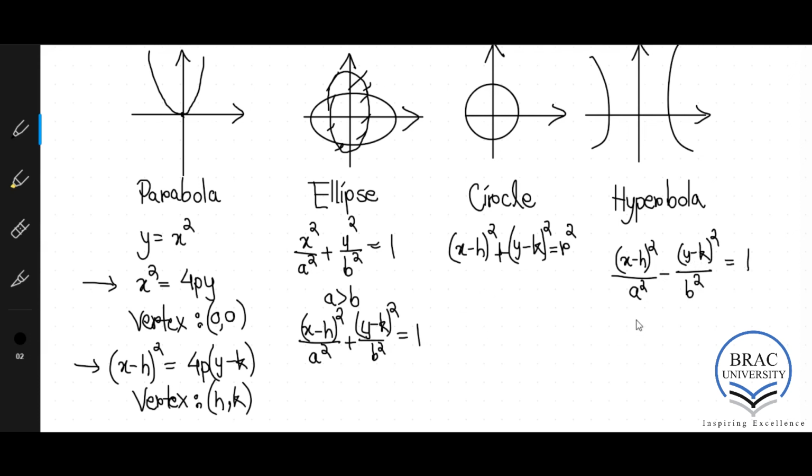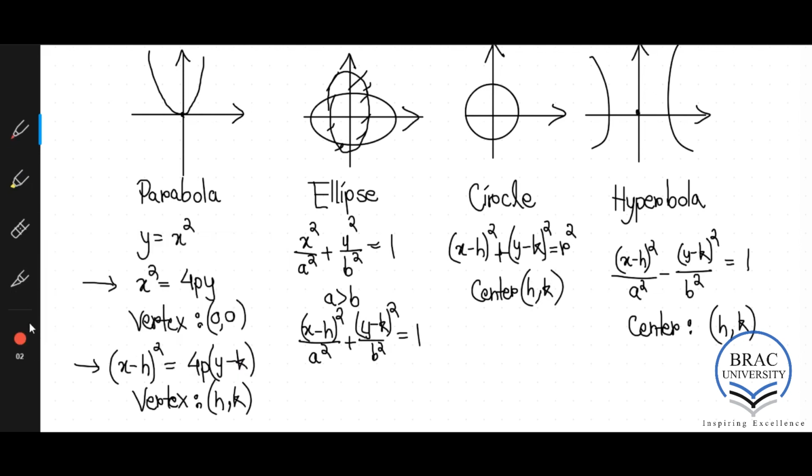Again, the center of this, not the vertices, the center about which this shape forms, is h comma k. For this one as well, I have used the center h comma k. Same here.